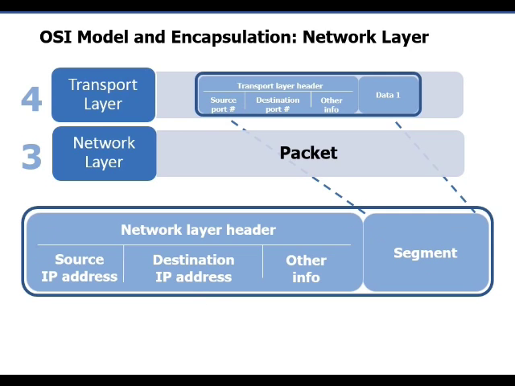If you think about it, this is kind of like sending a letter to your friend, except we're doing it in a very interesting way. We're going to take our letter at the application layer, we're going to fold it up, and we're going to put that into an envelope at the transport layer. And then the transport layer envelope, we're going to stick into another envelope, and that envelope is called the packet. And we're going to label that envelope now with the source IP address and destination IP address.